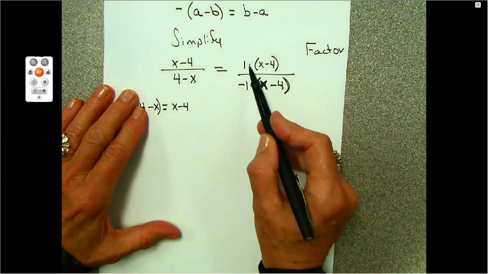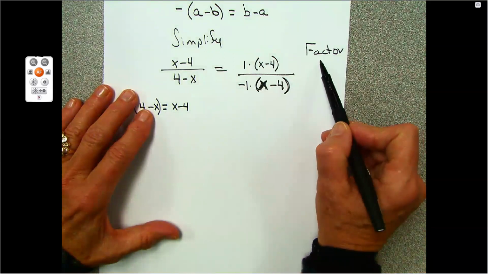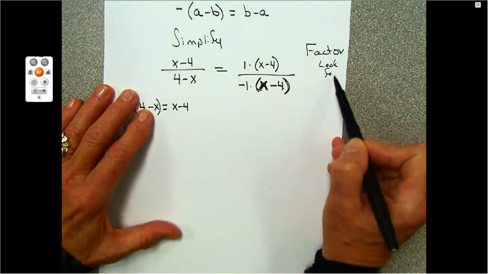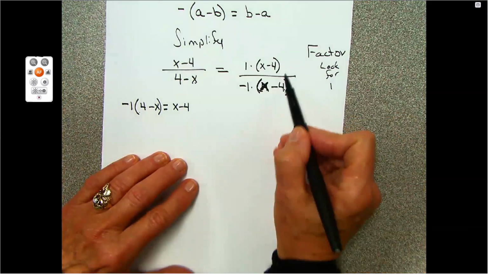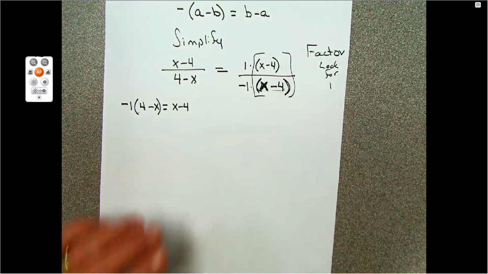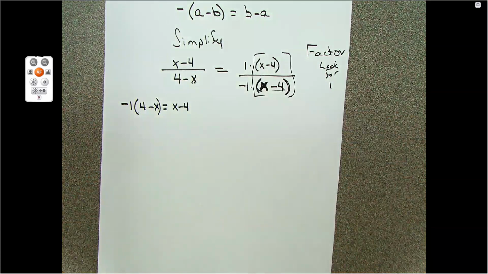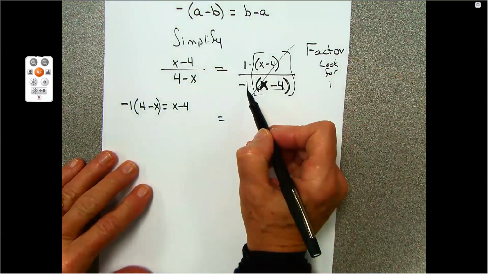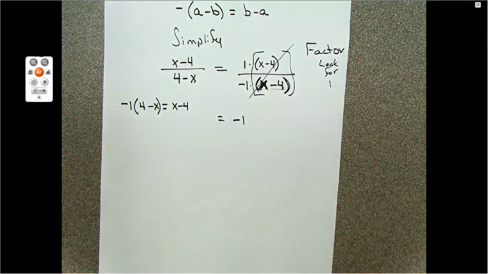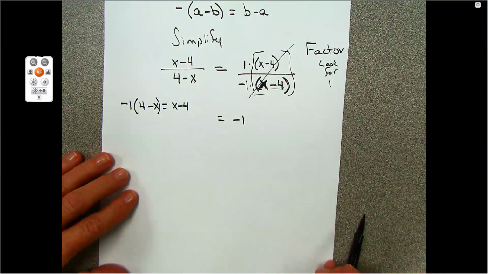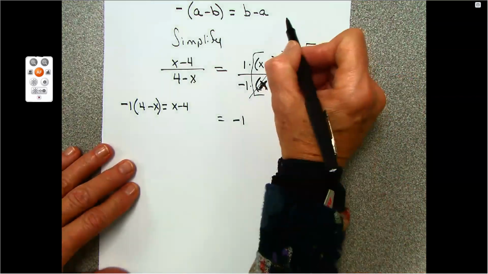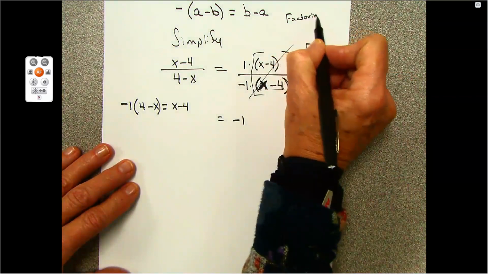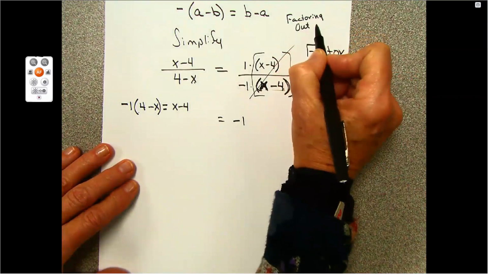Everything's factored. This is all something times something, something times something, so I can look for another name for 1. X minus 4 over x minus 4 is another name for 1. And 1 over a negative 1 is negative 1. Factoring out a factor of negative 1.